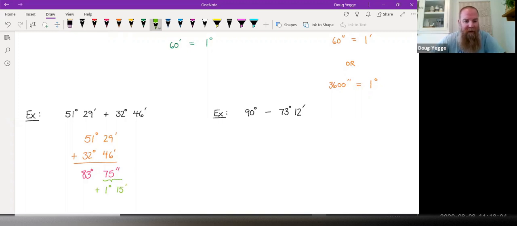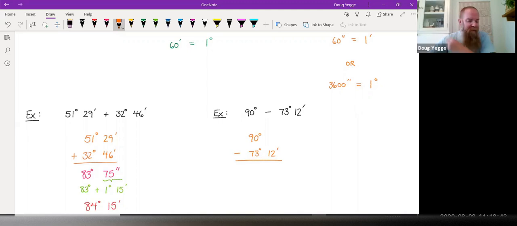So if I were to add that to the 83 degrees that's already here, then that means that 51 degrees and 29 minutes plus 32 degrees and 46 minutes gives me a total of 84 degrees and 15 minutes. So minutes and seconds, they're nothing more than just portions of a degree. Let's do the same thing over here. So let's take 90 degrees and let's subtract 73 degrees and 12 minutes.